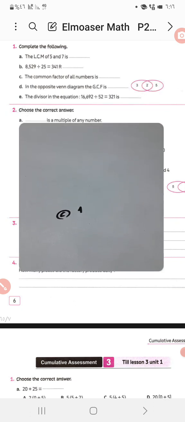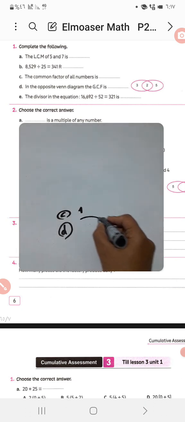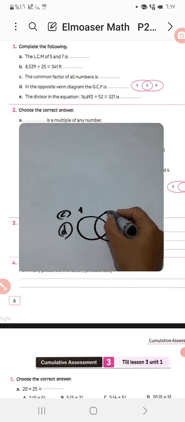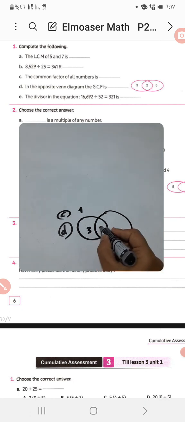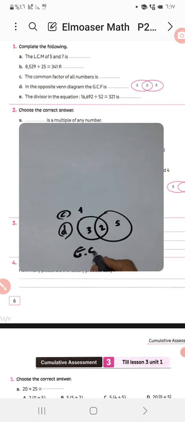Question letter D. In the opposite diagram, the greatest common factor between the first number, 3 times 2 equals 6, and 2 times 5 equals 10. You want to find the greatest common factor between 6 and 10.